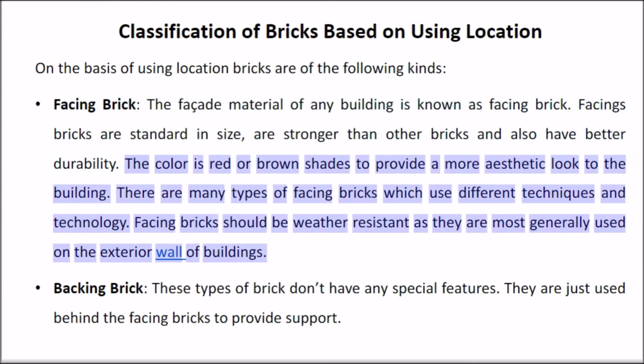The color is red or brown shades to provide a more aesthetic look to the building. There are many types of facing bricks which use different techniques and technology. Facing bricks should be weather resistant as they are most generally used on the exterior walls of buildings.